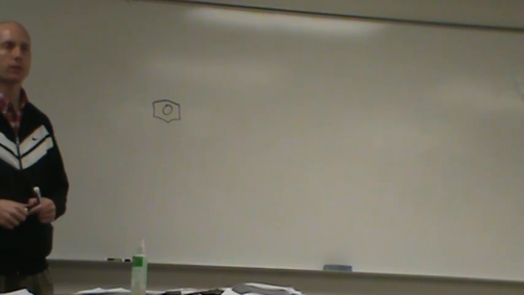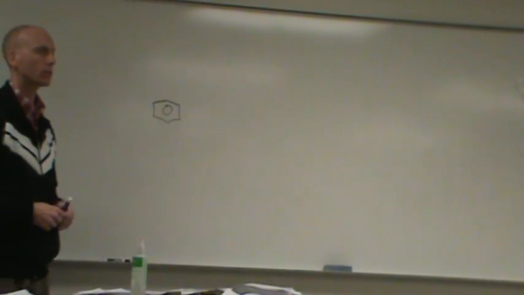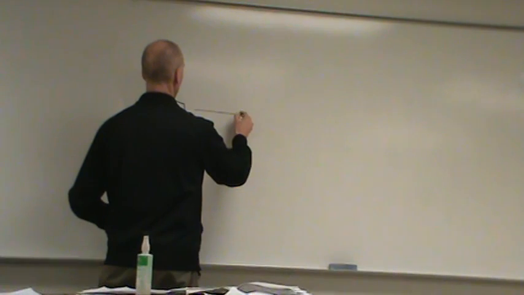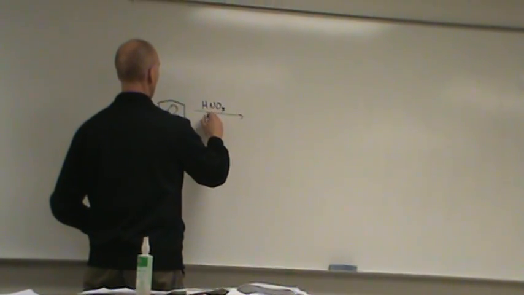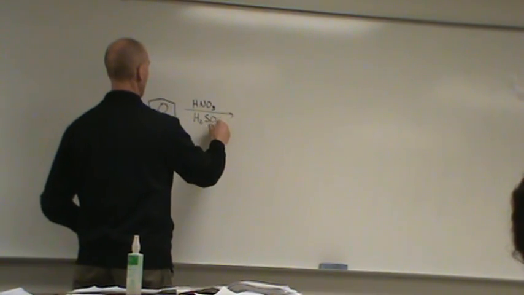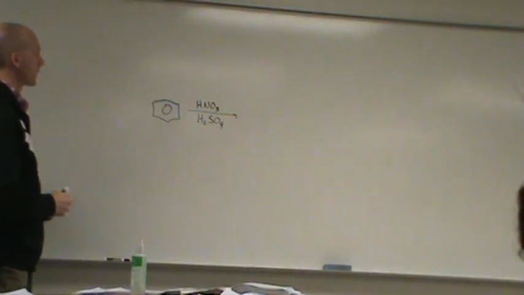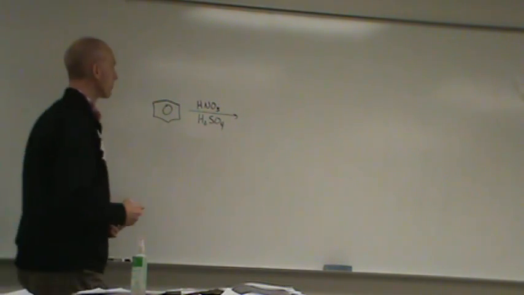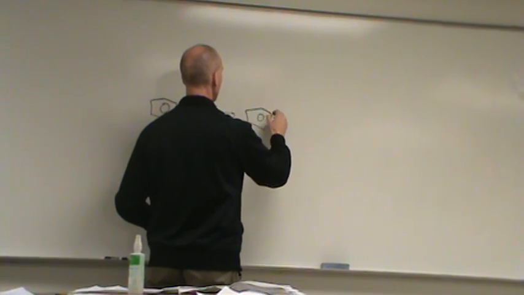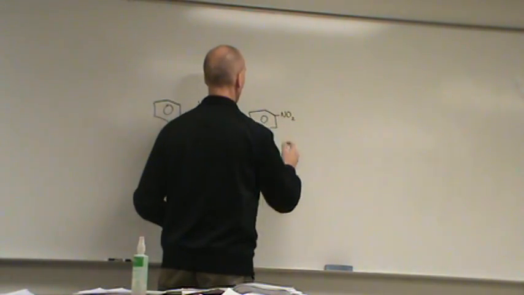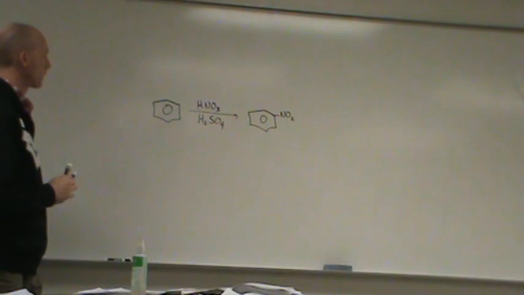What do you have to put on there first? The nitro group. Very good. So let's do that little review here. So nitric acid and sulfuric acid. So that puts on the nitro group.